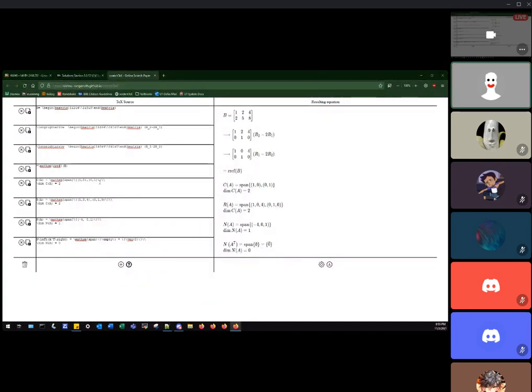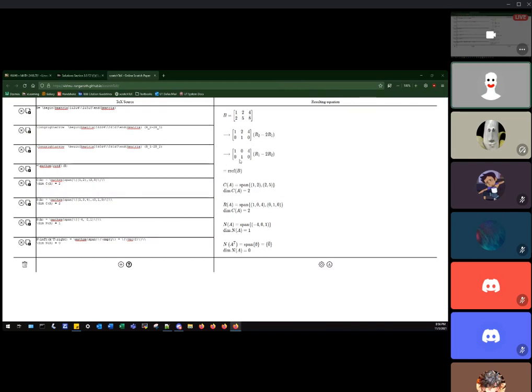This is wrong. Right, this is wrong. Your column space isn't correct. Yep. But you're close. You just need to... There you go.